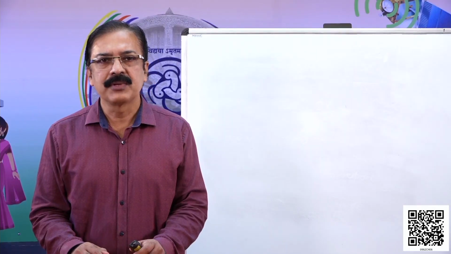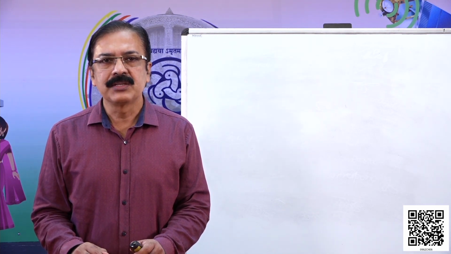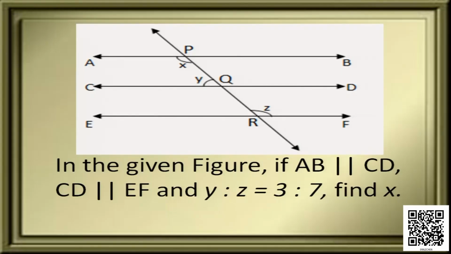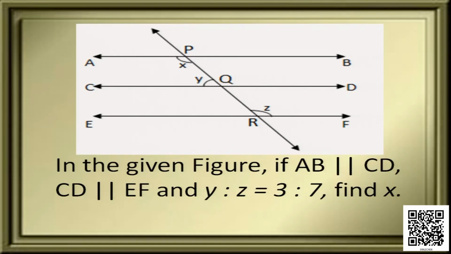Now, let's have some problems in which we will apply these theorems. See, here the question is: in the given figure, if AB is parallel to CD and CD is parallel to EF, and Y:Z is equal to 3:7, find X. From this statement, we see that AB is parallel to CD and EF is also parallel to CD.